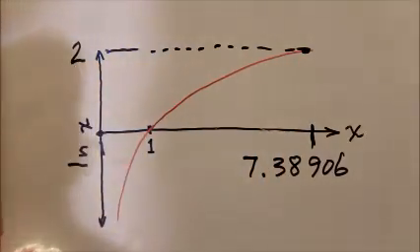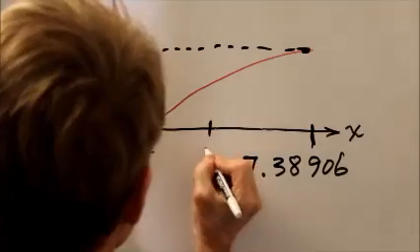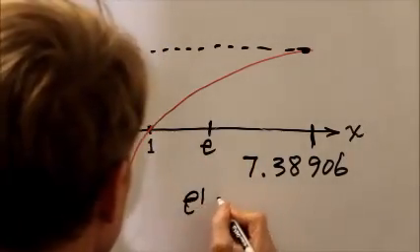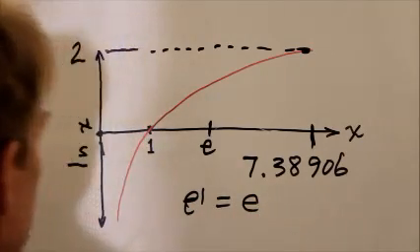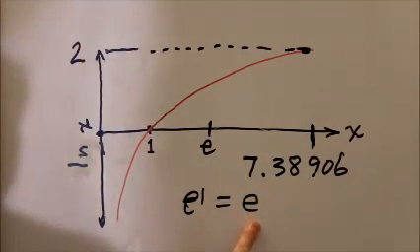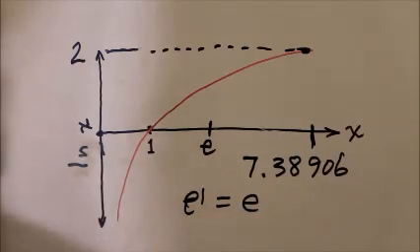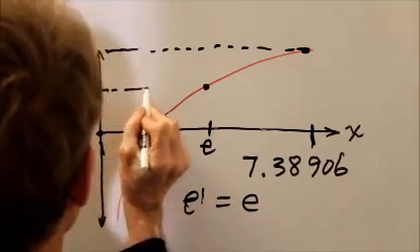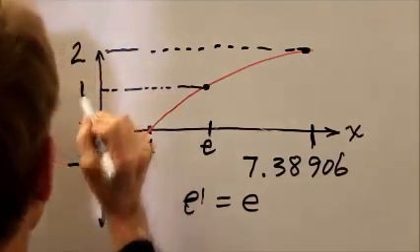That's equal to 2. If we put e somewhere right here, e to the 1 equals e. So the base e logarithm of e equals 1. The natural logarithm of e equals 1. So we can graph it like this.